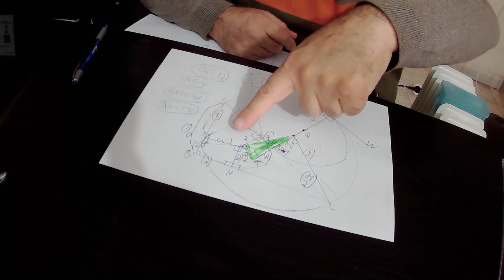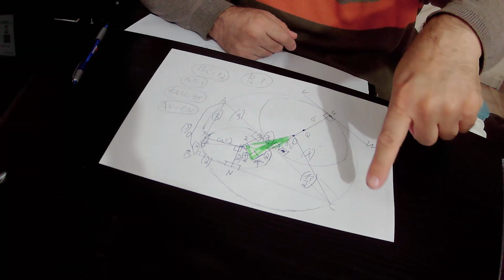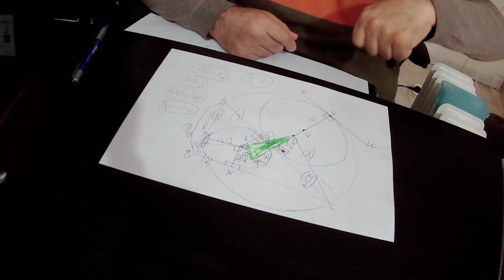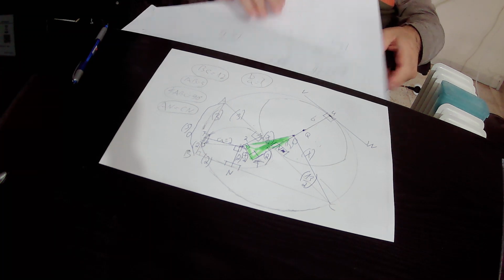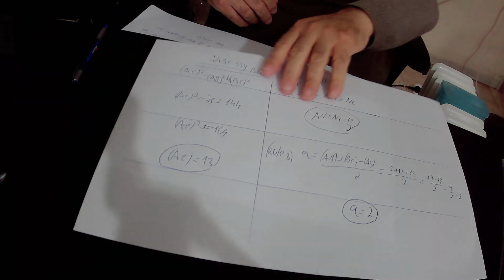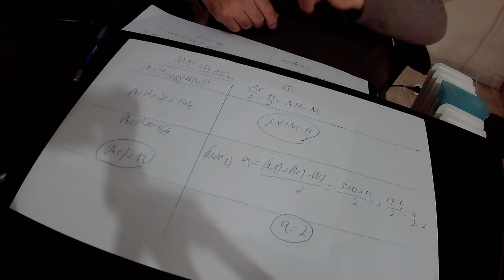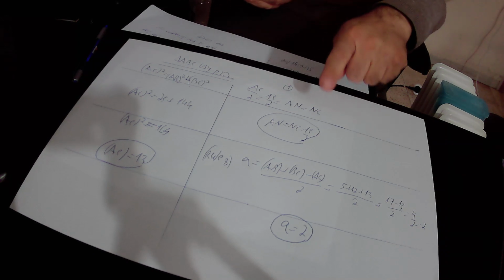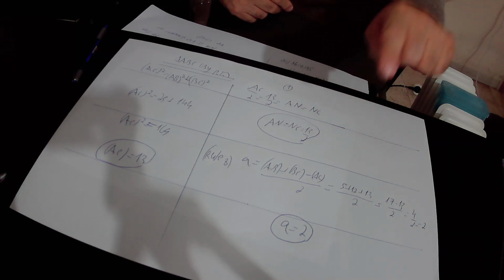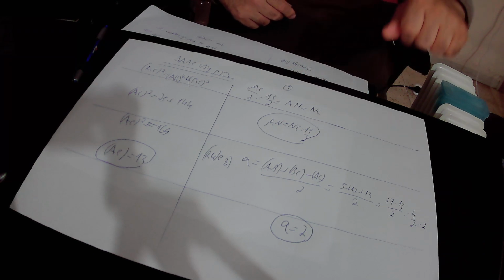Again, the radius A will be equal to AB plus BC minus AC over 2. Repeat again, for rule number 8, the radius A will be equal to AB plus BC minus AC over 2.